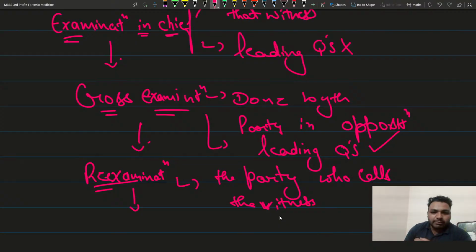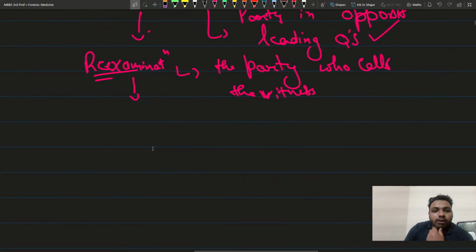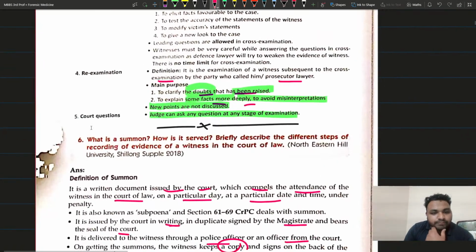Whatever happened in cross-examination, now something needs to be clarified. So in the re-examination, the party who calls the witness comes there and straightens the facts. Okay, then there is one last thing.